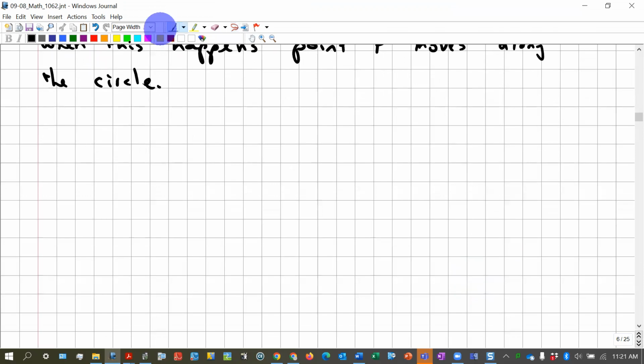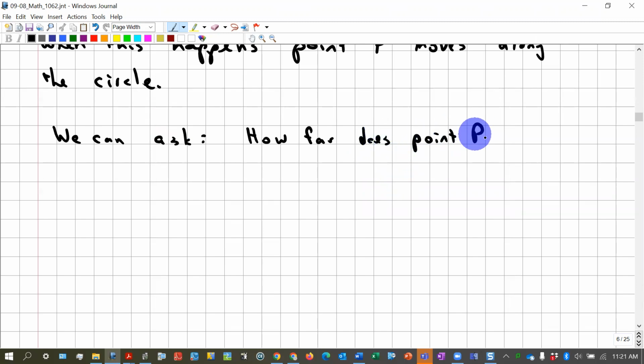We can ask how far, literally, does point P move?